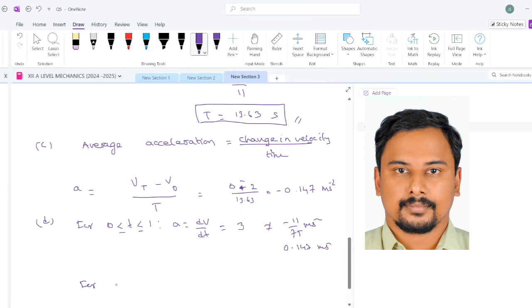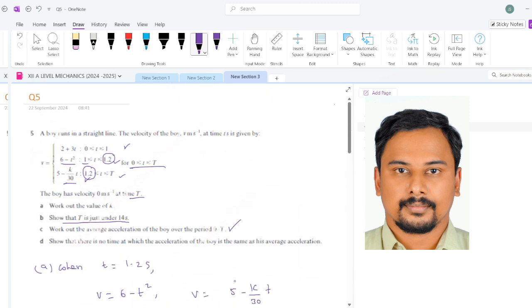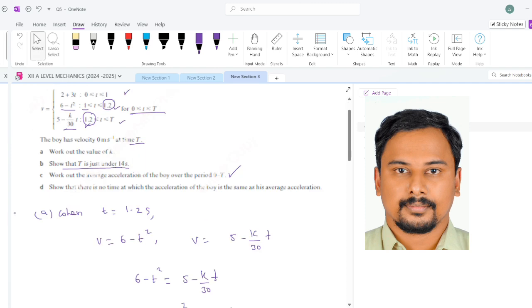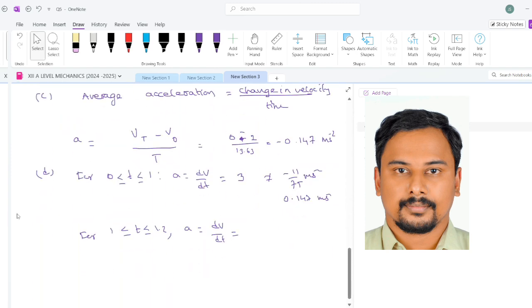Next equation, you take, for 1 less than or equal to time less than or equal to 1.5, again find the acceleration, which is equal to the rate of change of velocity. What is the second equation given? 6 minus t squared. Again 6 is constant, so minus t squared becomes minus 2t if you differentiate that. So minus 2 into t.